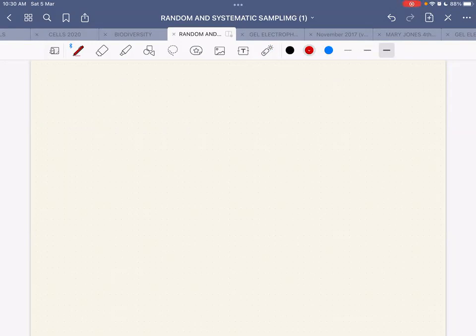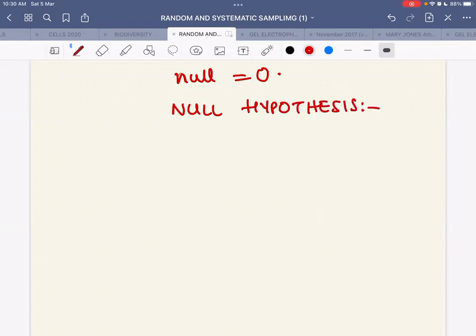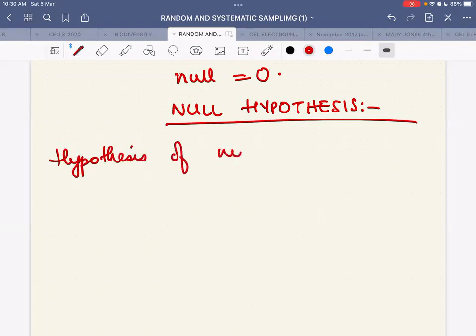Null का मतलब होता है, हम कहते हैं null and void. Literally, null means zero. ठीक है? Null actually means zero, and null hypothesis means the hypothesis of no change.